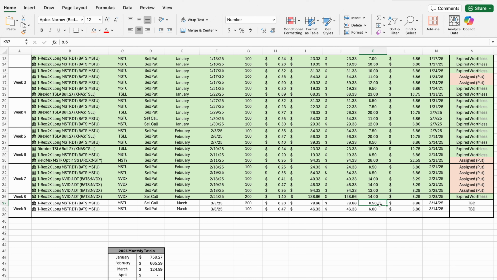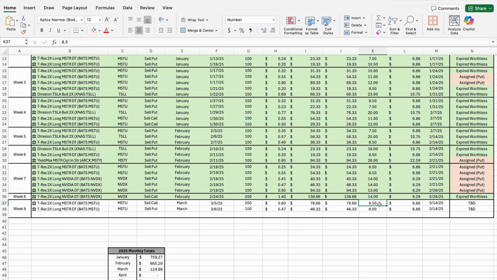Now, if MSTU does make it above $8.50 between now and March 14th, the buyer may execute their contract so they can buy at $8.50 and then sell those shares on the market for whatever price it's at. Like, let's say MSTU goes up to $10, they can buy my 200 shares. I have to sell them at $8.50 a piece.